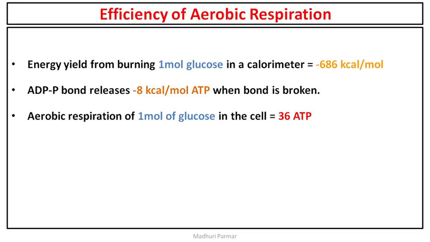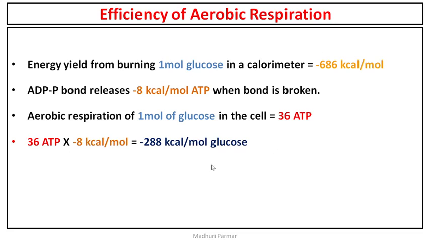We just calculated all the ATP gains, and we found out that 36 ATP or 38 ATP are produced from 1 mole of glucose. So just multiply 36 into 8 will give you 288.